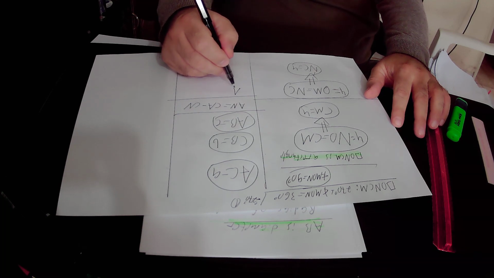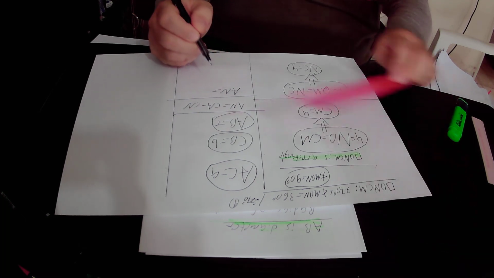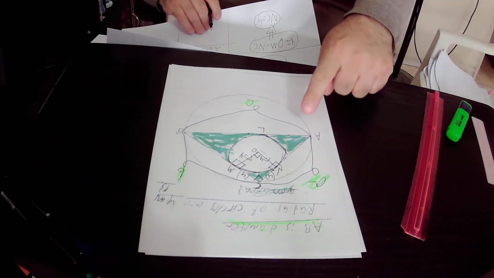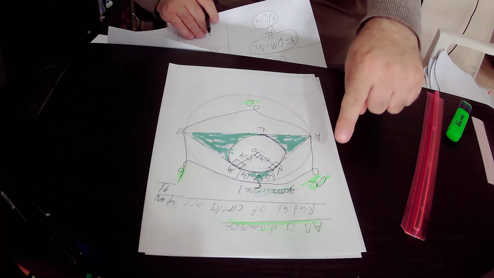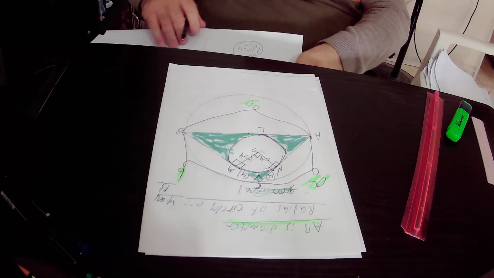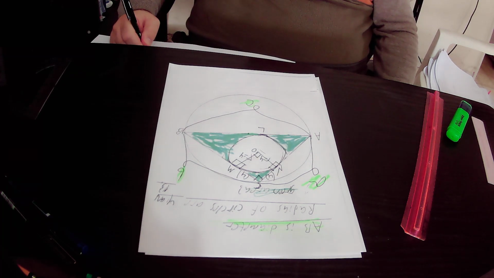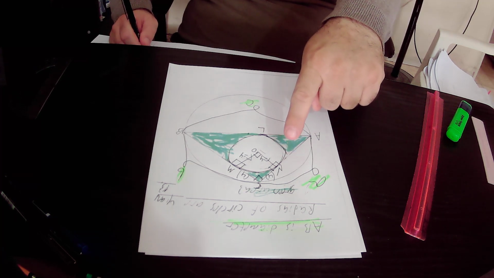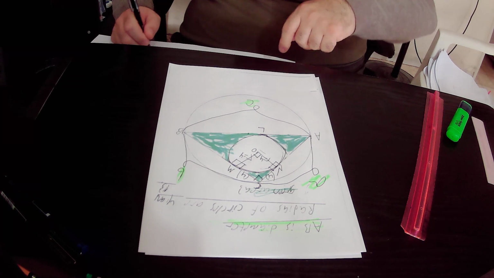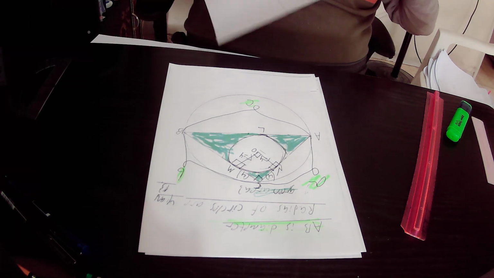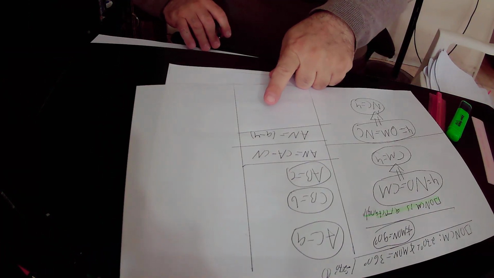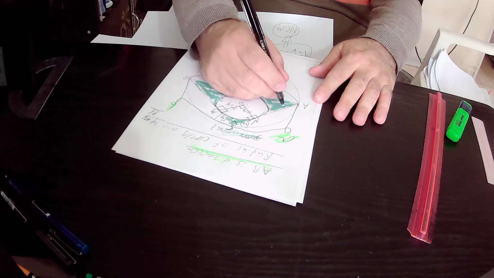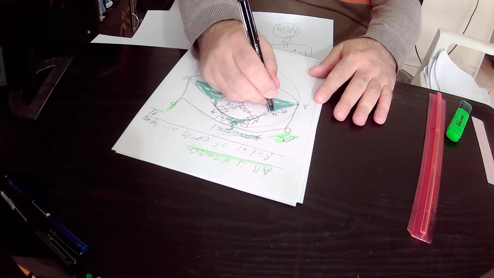So AN equals CA minus CN, where CA equals A according to our definition, minus CN equals 4 according to what we have already found out. So in conclusion, we found out that AN equals A minus 4.